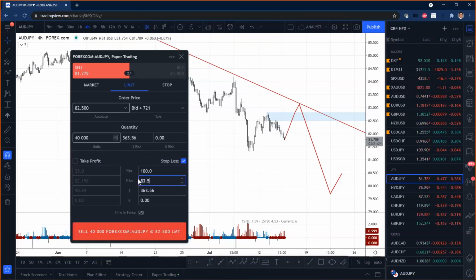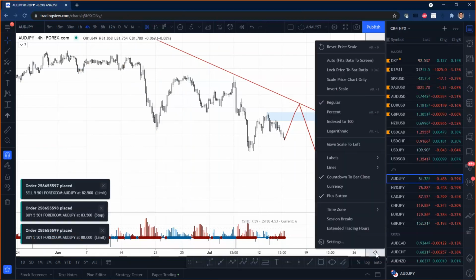83.50. Okay. So yeah, it's 100 pips, but look, if you're risking 50 bucks, right, and you're looking to take it all the way down to, say, even if it's 80, you're still doing a 2.5 to 1 type of risk reward ratio there. So let's just try that first.